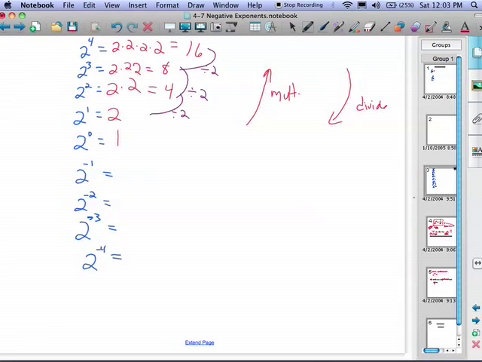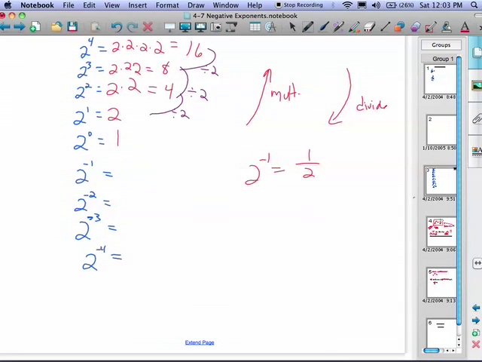And that you should have remembered from the last time we did this example with the 3's, when we talked about any number raised to the 0 power is always 1. Now we're going to have negative exponents. Let's use this pattern of dividing to fill in what the answers are going to be. So 2 to the negative 1 power is actually going to be 1 divided by 2.